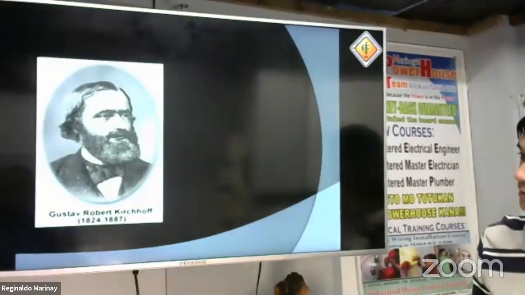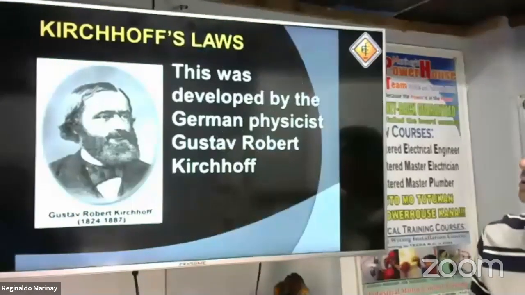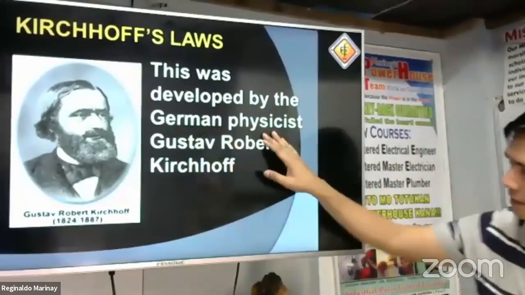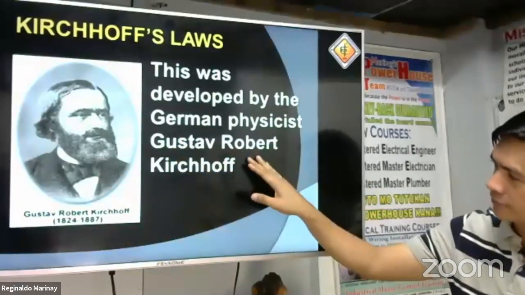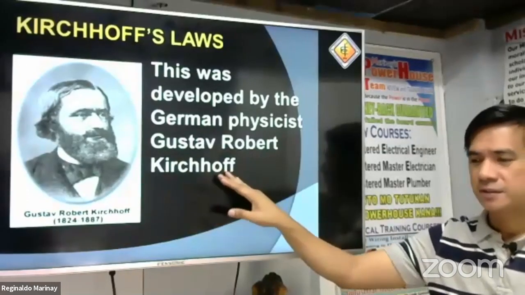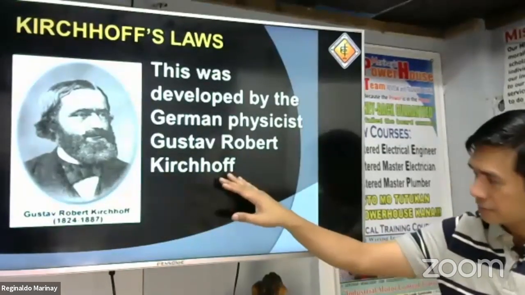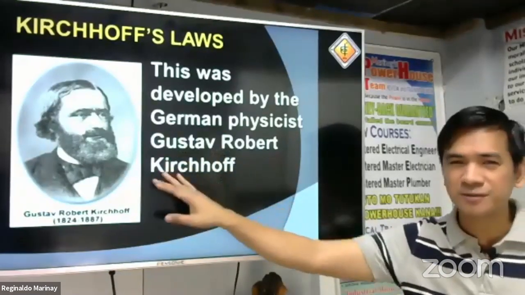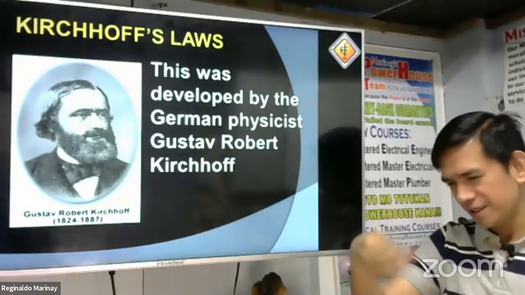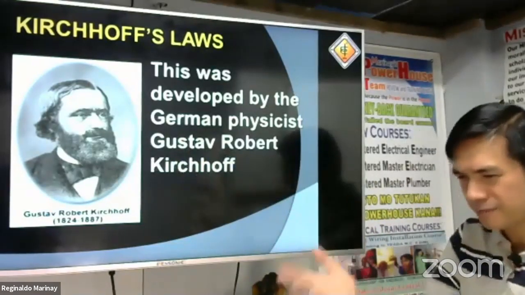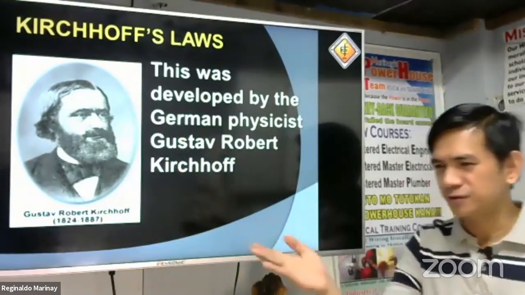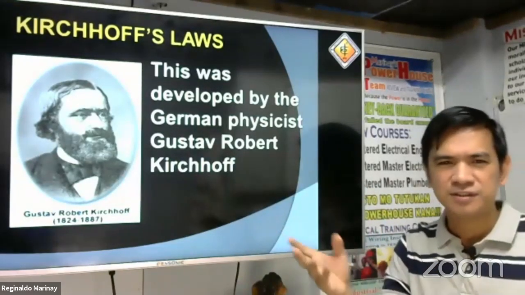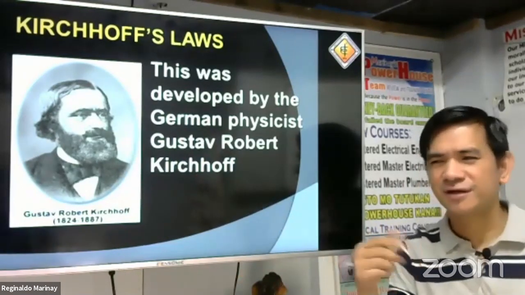Okay, Kirchhoff's law. This was developed by the German physicist named Gustav Robert Kirchhoff. How do we pronounce this? In the Philippines, we pronounce this as Kirchhoff's law. But I watched some lecture videos on YouTube where some foreigners, American and British, call this Kirchhoff's law.